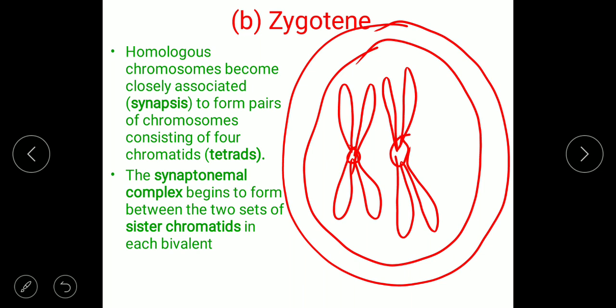And in this stage we will term them tetrads. That means two nearby chromosomes of similar characteristics, shape and size, which we call homologous chromosomes, come closer, and now we will term them a tetrad, meaning with four chromatids.